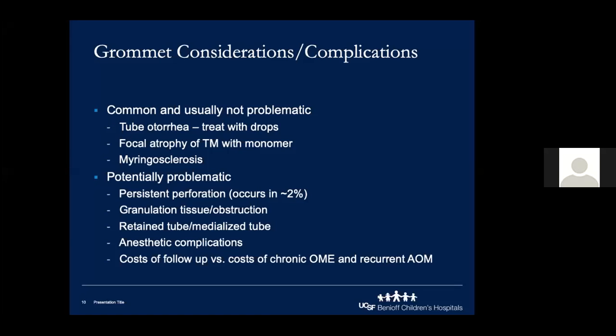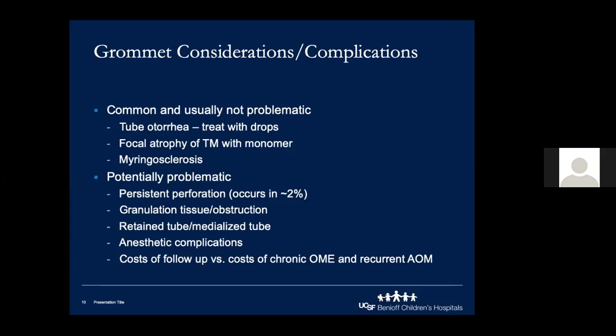But things that are potentially problematic are persistent perforations, which occur in about 2% of patients, granulation tissue or obstruction of the tube, as well as the tube as a nidus of infection if it's in there long enough, with a lot of granulation blocking it. It can cause ongoing chronic otorrhea. A retained tube and a medialized tube are potentials that can cause issues, and chronic perforations.